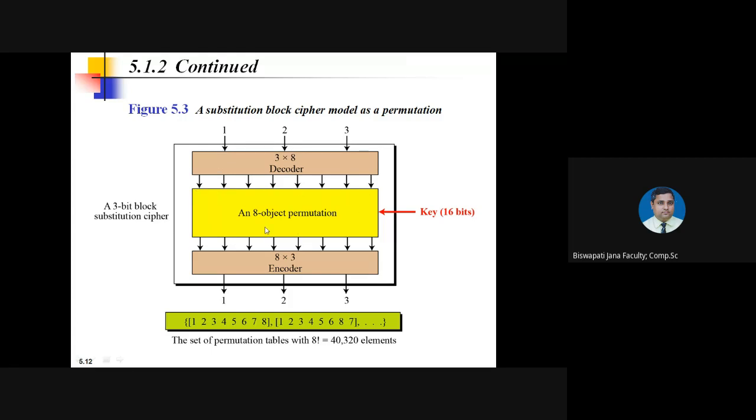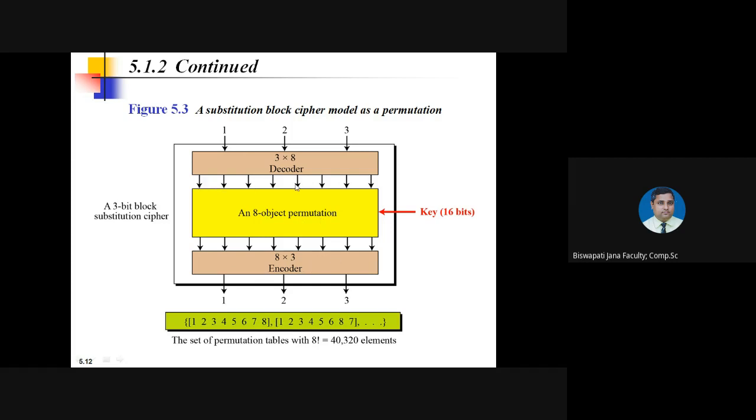So an object of 8 permutations, that is 16 keys, means you use another key on the outside. For the 16 keys, 16 bits, you have the 8 input bits 1, 2, 3, 4, 5, 6, 7, 8. From these 8 inputs, you can consider 8-object permutations.